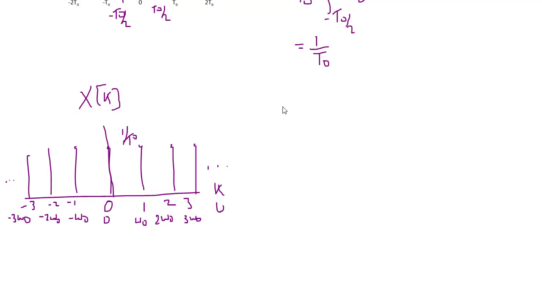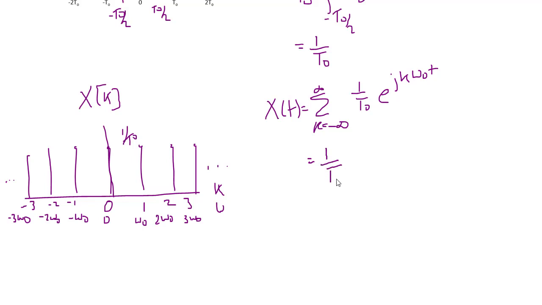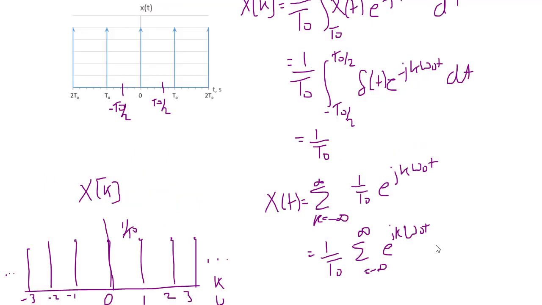In terms of the Fourier series approximation, this would be x of t is equal to the summation from k equals -infinity to infinity, 1 over t naught e to the jk omega naught t, or 1 over t naught, the summation from k equals -infinity to infinity, e to the jk omega naught t, which equals the summation from k equals -infinity to infinity of delta of t minus k t naught, which was our original plot.